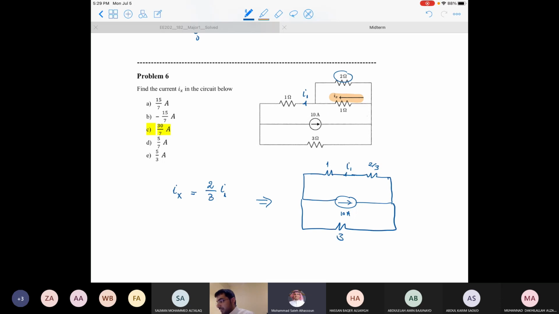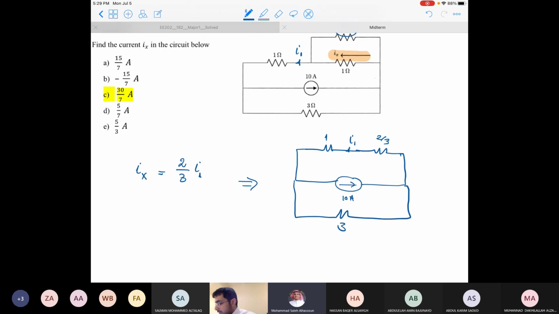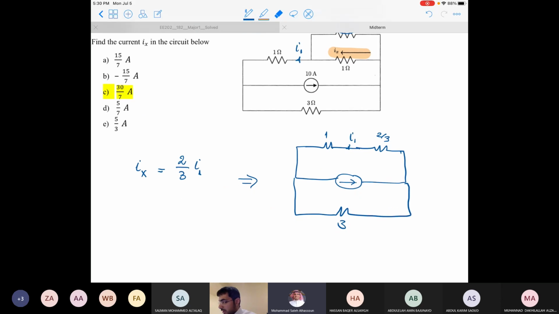If I ask you to find I1, I assume you can easily do this using the current divider law. So I1 will be 3 divided by 3 plus 1 plus 2/3 multiplied by 10. And if you solve for it, you will get 45 divided by 7 amperes.